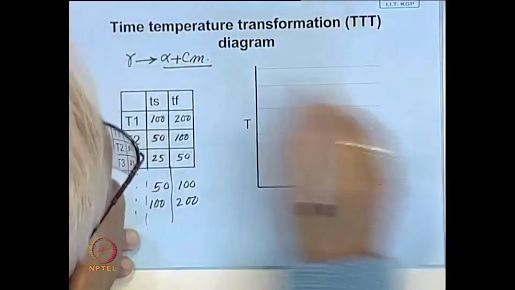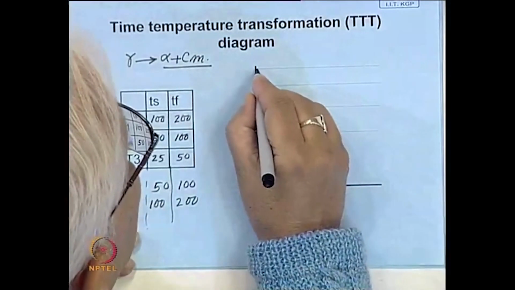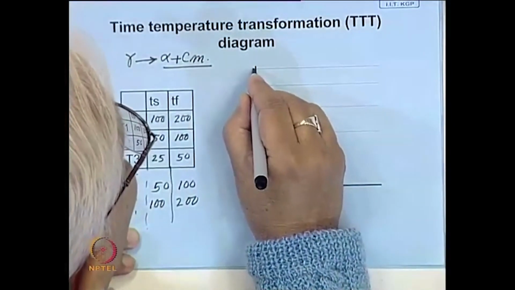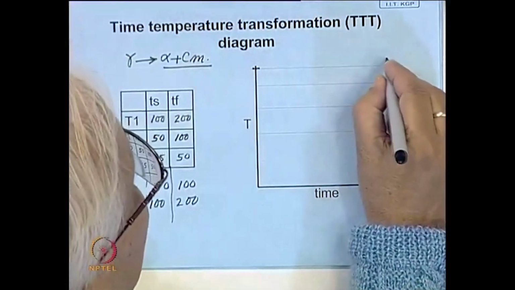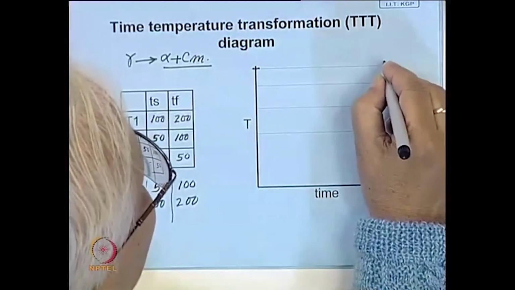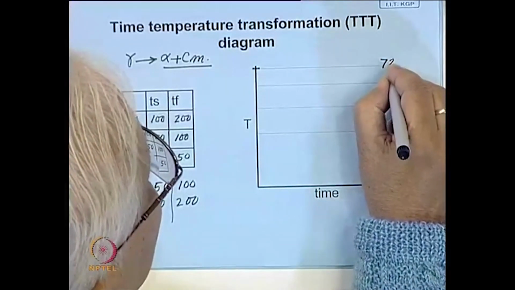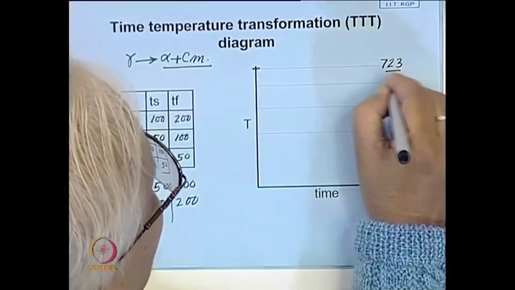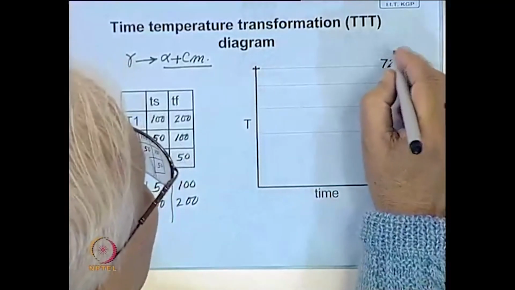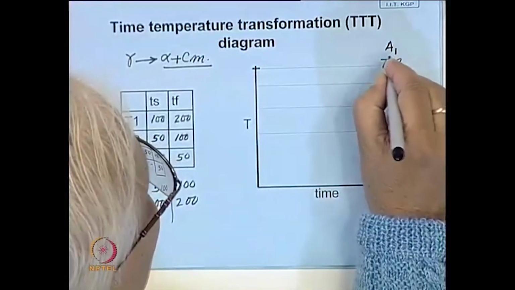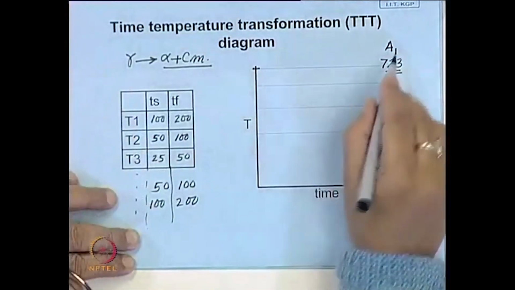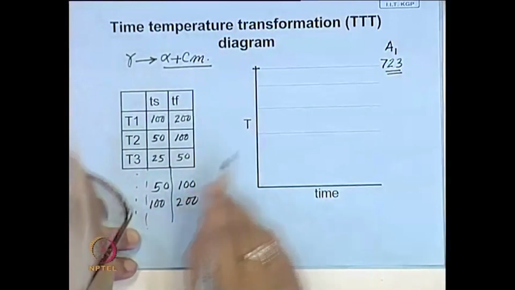Now, let us try to construct a diagram from this. Let us say this temperature is the eutectoid temperature, that is 723, and in the phase diagram this is also represented as a temperature called A1, the critical temperature A1.